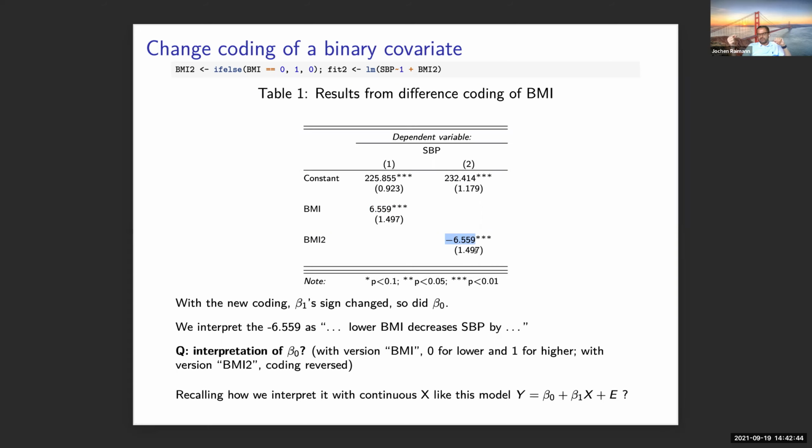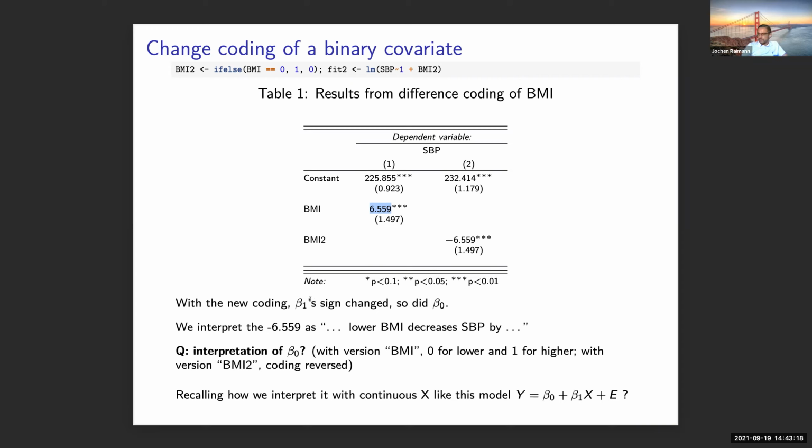Your reference subsample is not the group with the low BMI anymore, where you add the difference to reflect the blood pressure in the high BMI group. No, you're going the other way around. Right now your reference group is those with the high BMI, and if you want to look at the mean systolic blood pressure in the low BMI group, you're subtracting the 6.6 millimeter Hg.